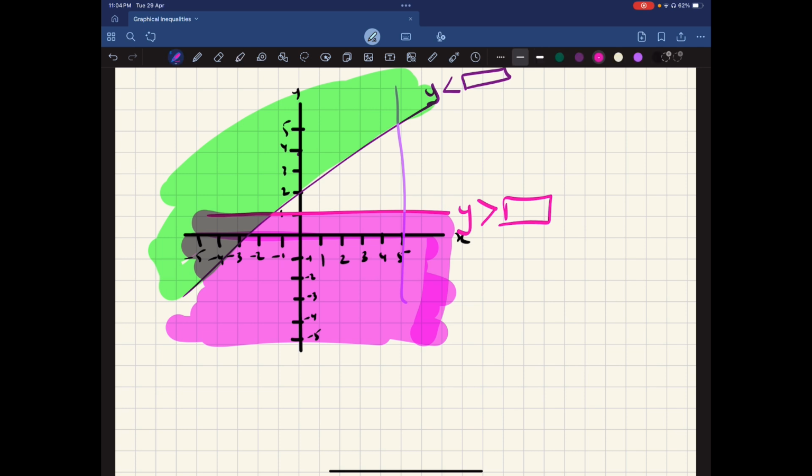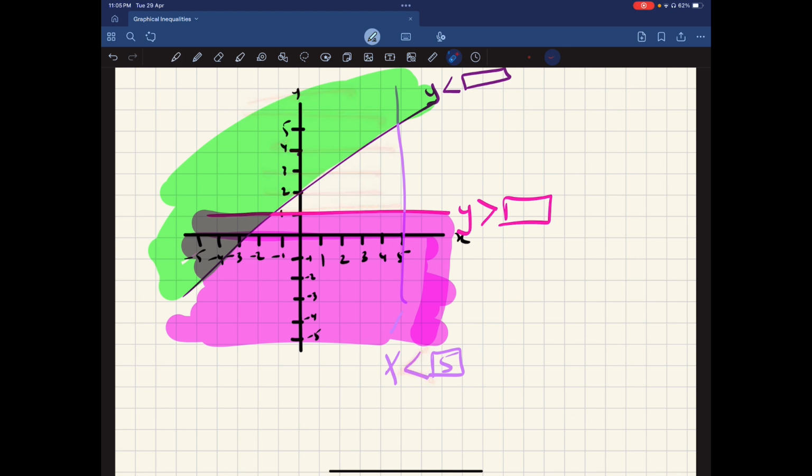Okay? And the final inequality, this is a vertical line, so the rules are going to be different. So if x is less than 5, what is the required region? The one which is on the left.